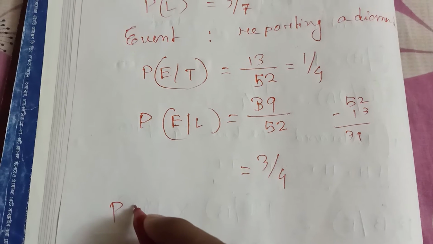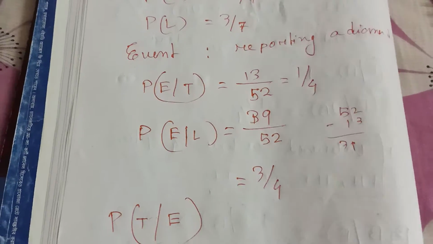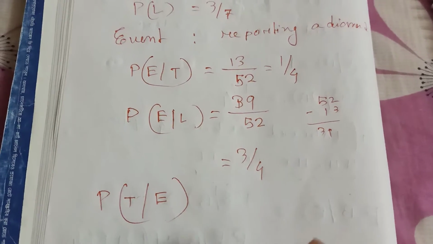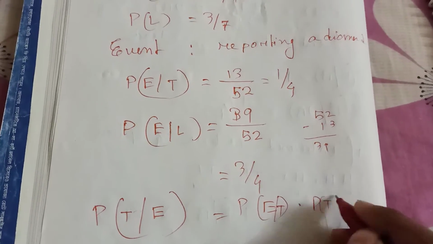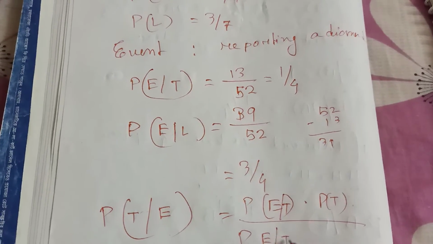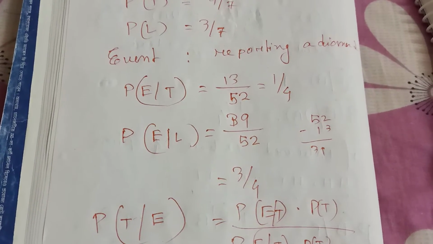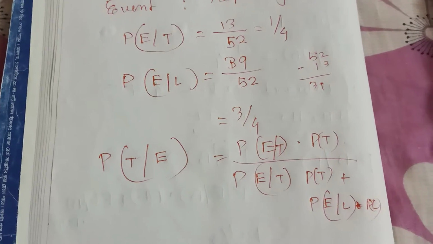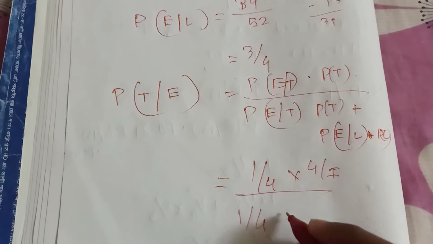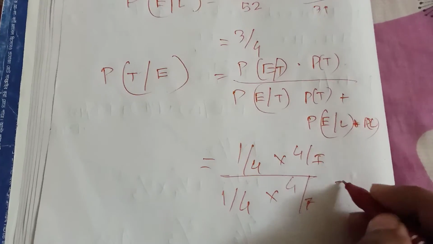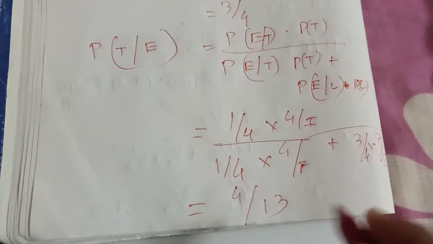So the probability of truth given the event is, by Bayes theorem, P of E given T into P of T, divided by P of E given T into P of T plus P of E given L into P of L. That is 1 by 4 into 4 by 7, divided by 1 by 4 into 4 by 7 plus 3 by 4 into 3 by 7. The answer is 4 by 13.